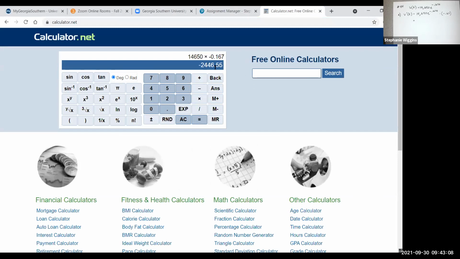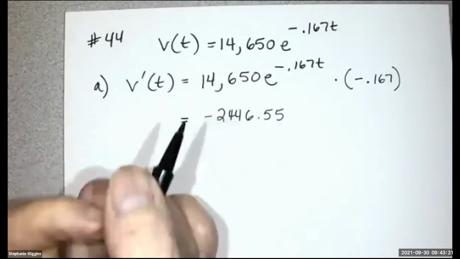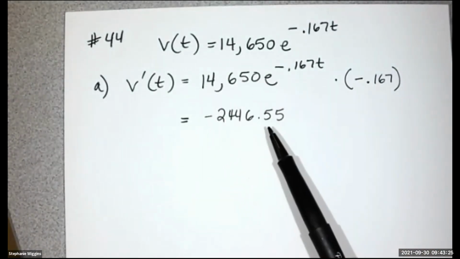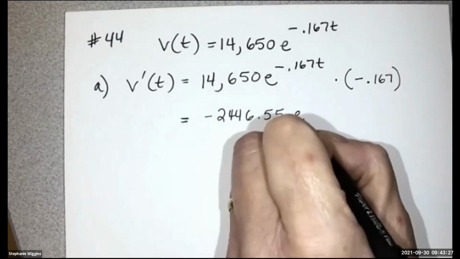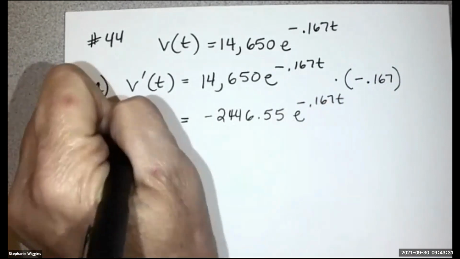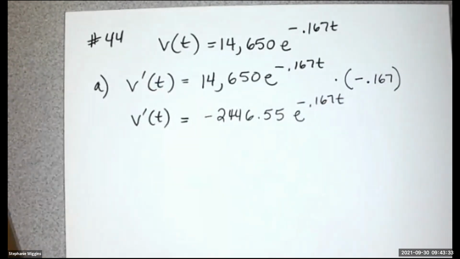And that gives me negative 2446.55. So I took this number, multiplied it by this to get this, and I still have the e to the minus 0.167t. So this is my rate of change.